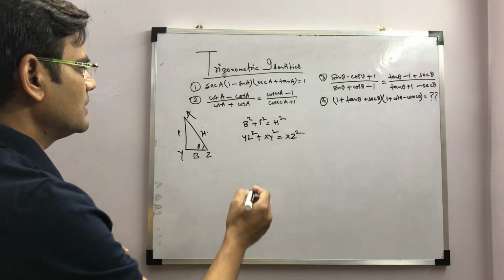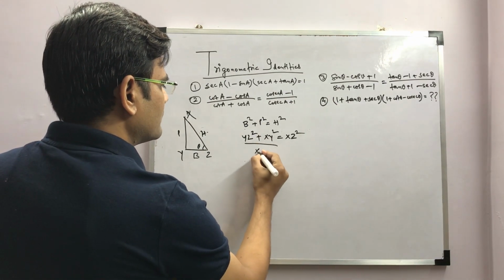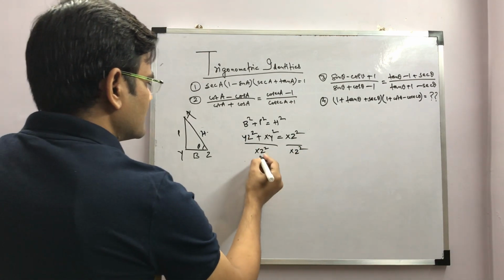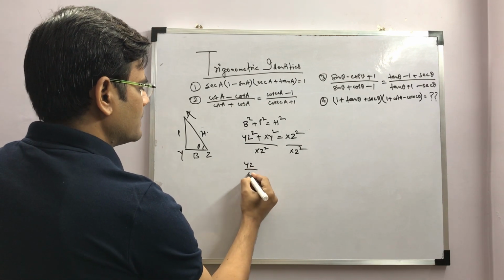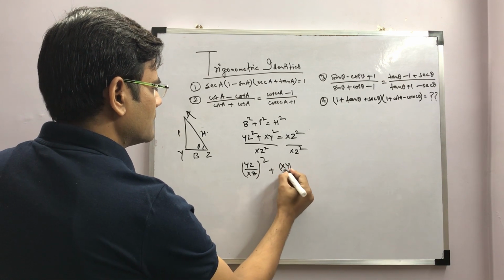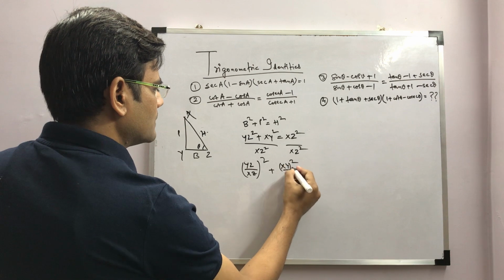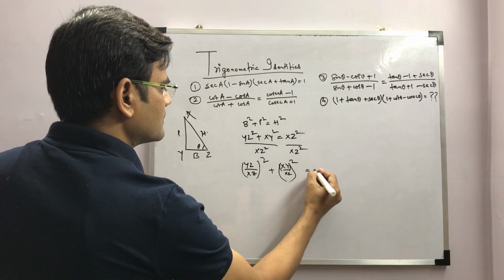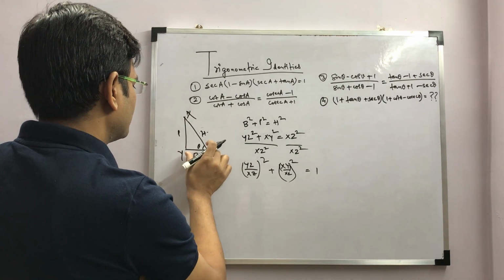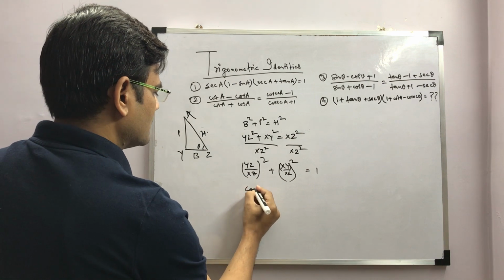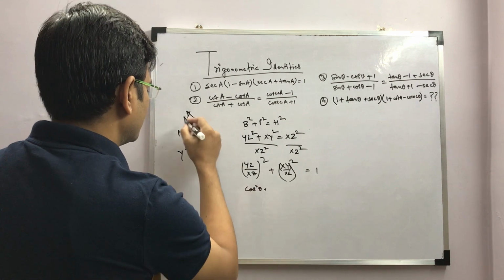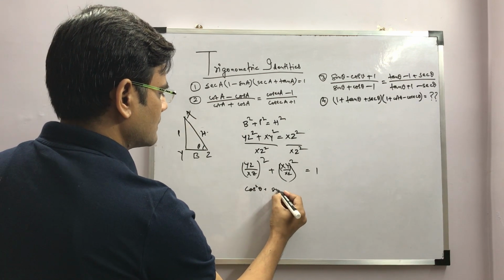Now, if you divide everything by XZ square, this becomes (YZ by XZ) whole square plus (XY by XZ) whole square equals 1. YZ by XZ is cos theta, so this is cos square theta, and XY by XZ is sin square theta.